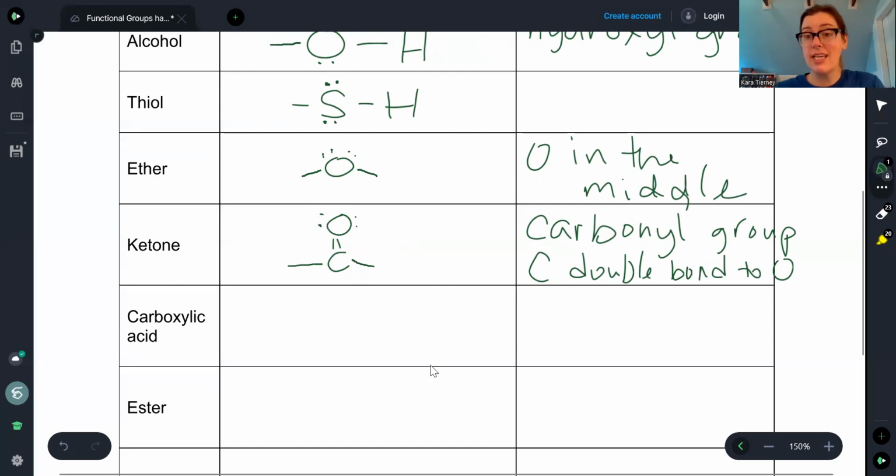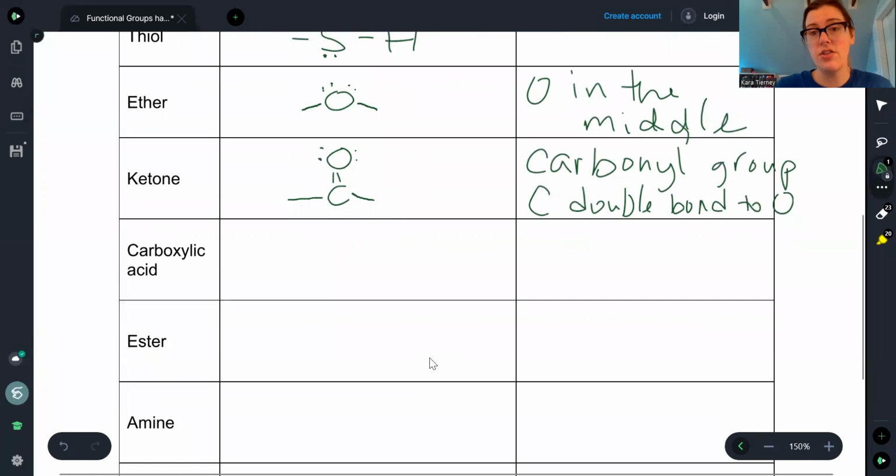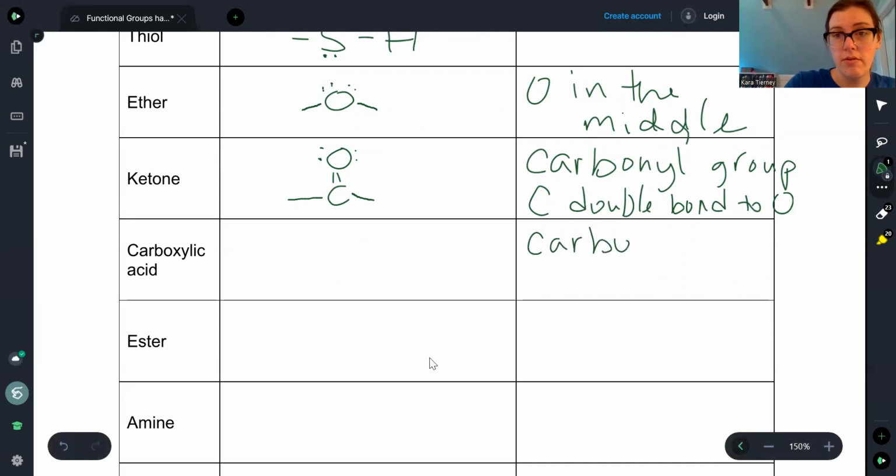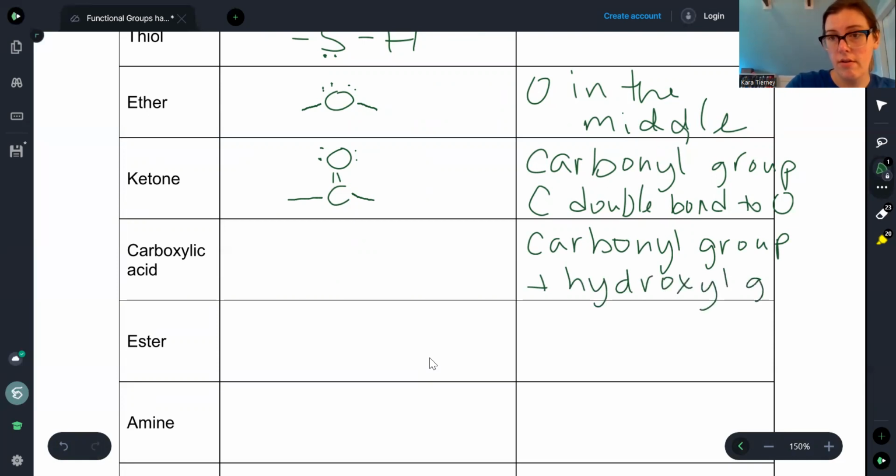A carboxylic acid is essentially one carbon that has both a carbonyl group and a hydroxyl group. Okay, so we have one carbon.